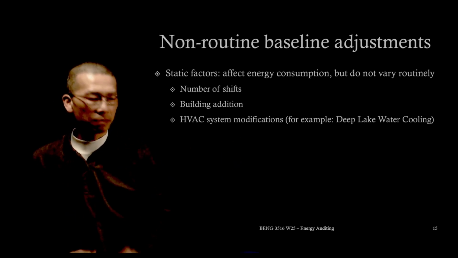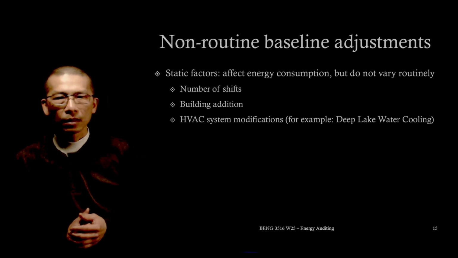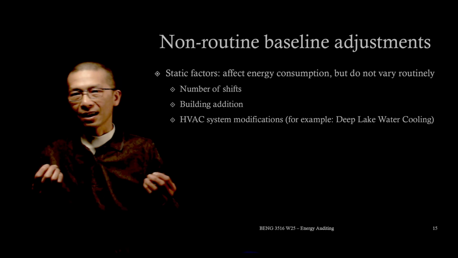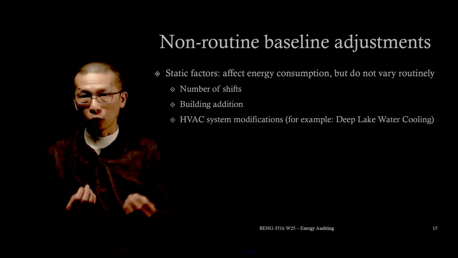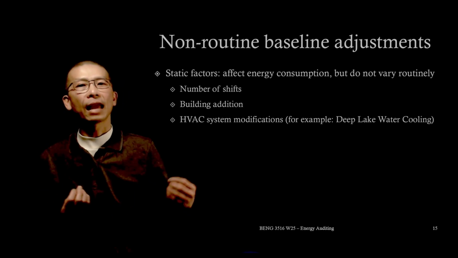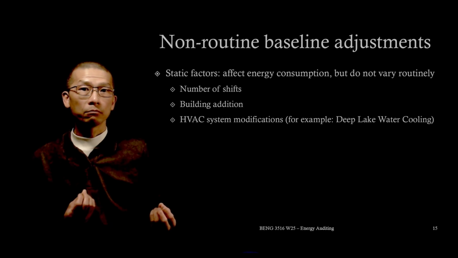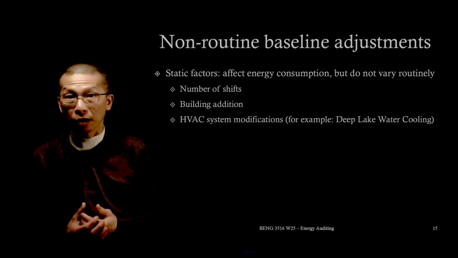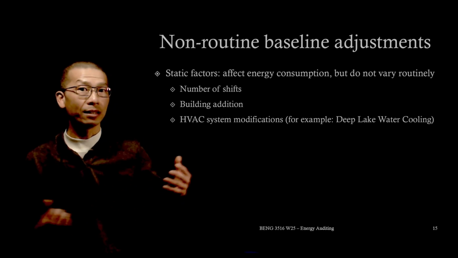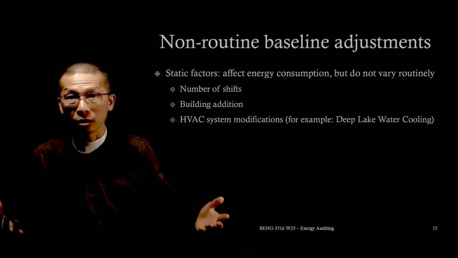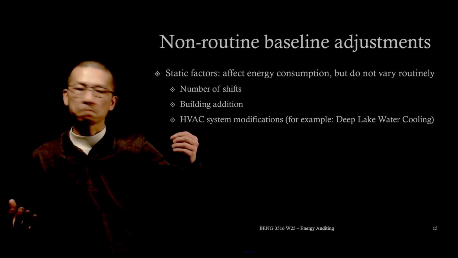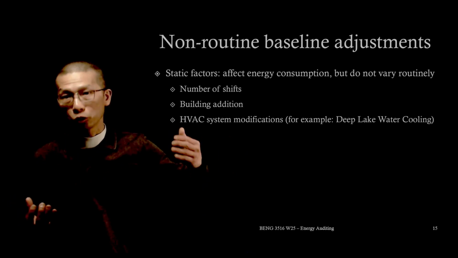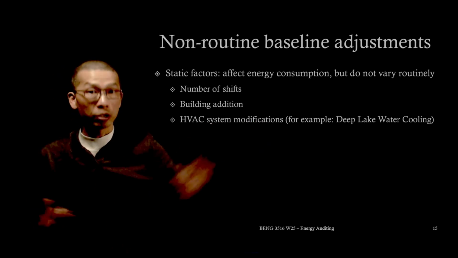The non-routine baseline adjustments address factors that are static and don't change all the time, but they affect energy consumption. Right? These factors can change the underlying energy use profile significantly when they occur. For example, a factory increasing the number of shifts from 2 shifts to 3 shifts.